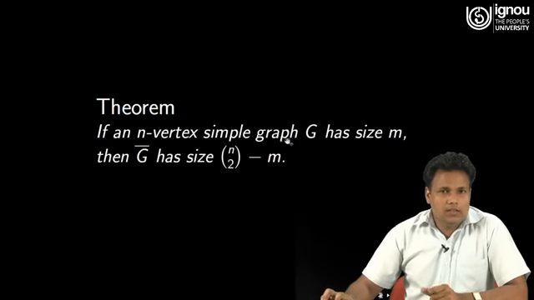The result is straightforward. We know that G bar has precisely those edges which are missing in G. So, the union of G and G bar is a complete graph which has n choose 2 edges, and hence the size of G bar is n choose 2 minus m, where m is the size of G.